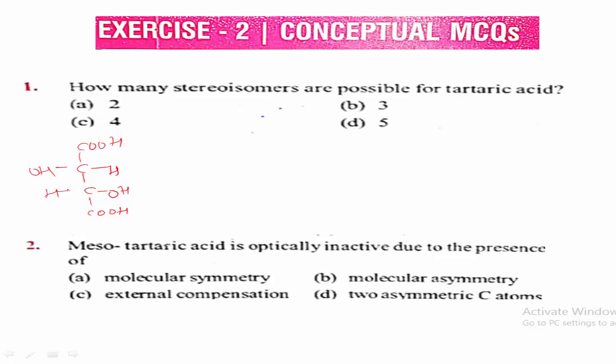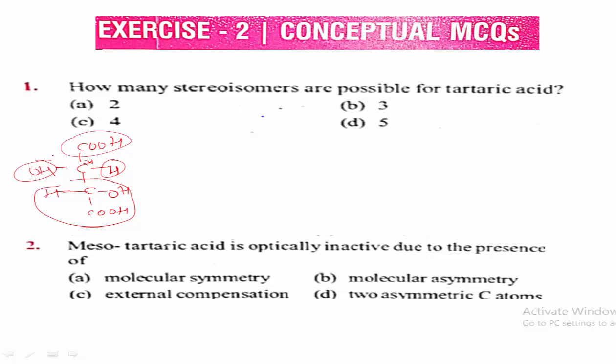What are asymmetric carbon atoms? I think you know. If a carbon atom is surrounded by four different groups, then it is an asymmetric carbon atom. Observe here, I write a star mark on this carbon atom because it is an asymmetric carbon atom: it contains one H, one COOH group, one OH group, and one entire remaining group.